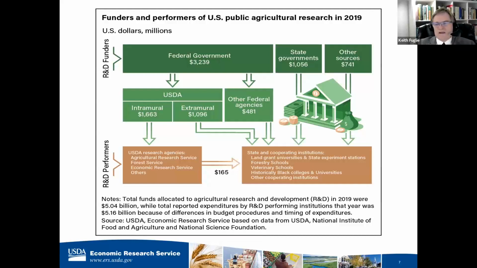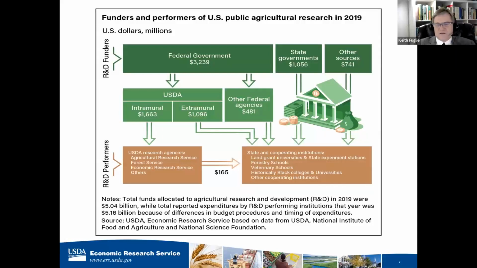So we're spending about $5 billion every year on public agricultural R&D across the federal and state system. This is a federal and state partnership. The federal government funds about 70% of public ag R&D in the country.